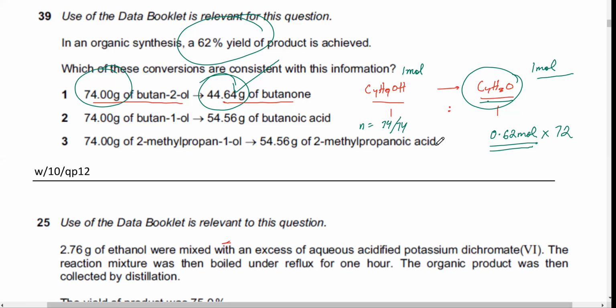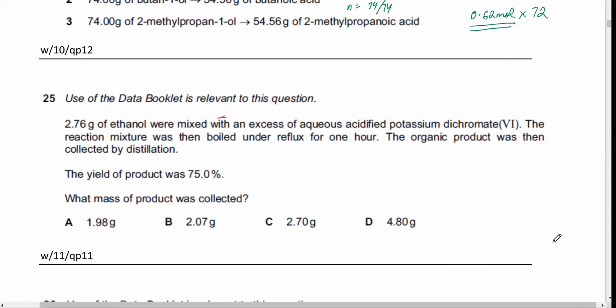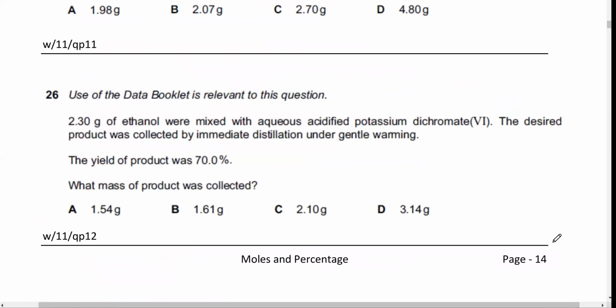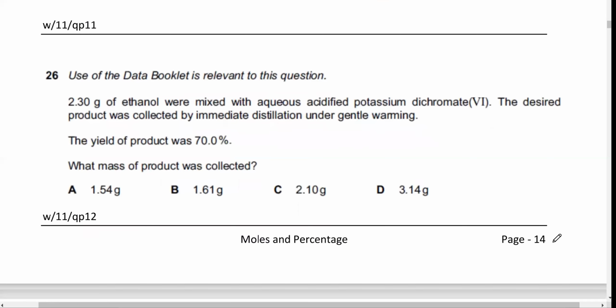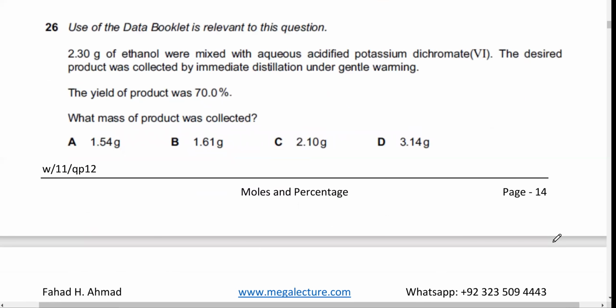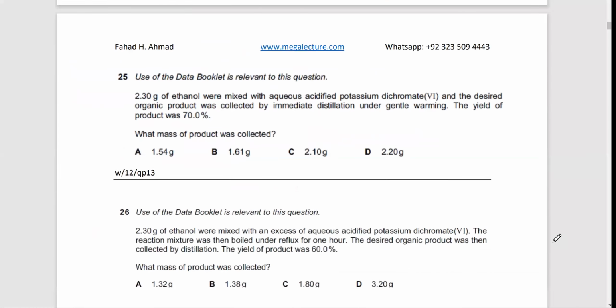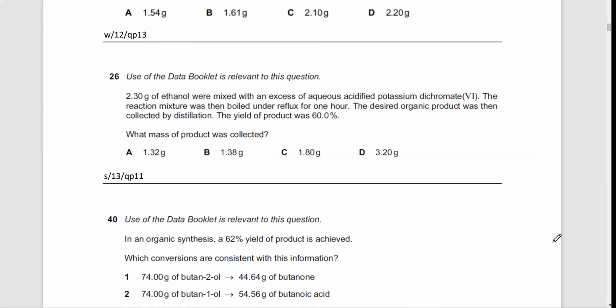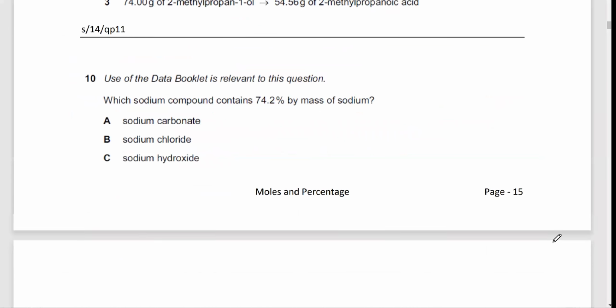Okay, so moving on, most yield questions, I'll just send you a playlist on this. Shouldn't be an issue. I'll look if there's any difficult question, but most of them would be very simple.